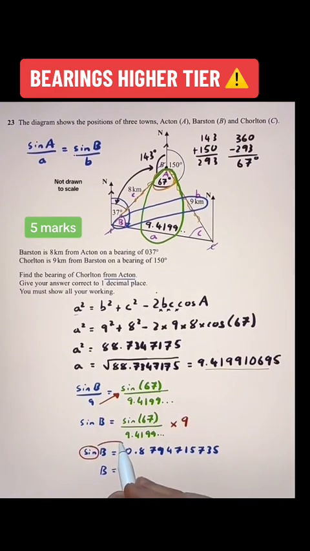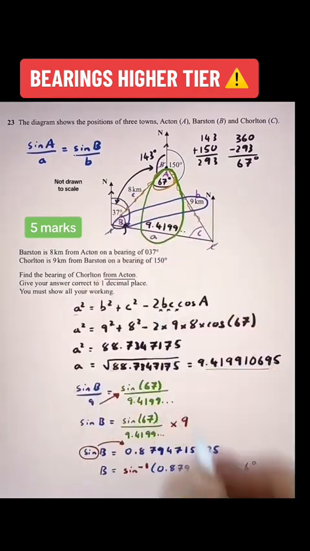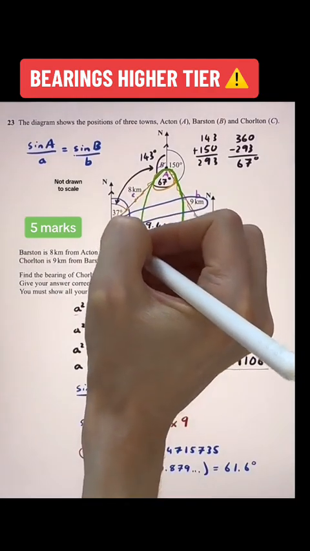If you move a function across an equal sign, it becomes the inverse function. So sine becomes the inverse of sine, i.e. sine to the minus 1, of my 0.87 number, which equals 61.6 degrees when rounded to one decimal place. Returning to my diagram, I can now label that angle as my 61.6 degrees.